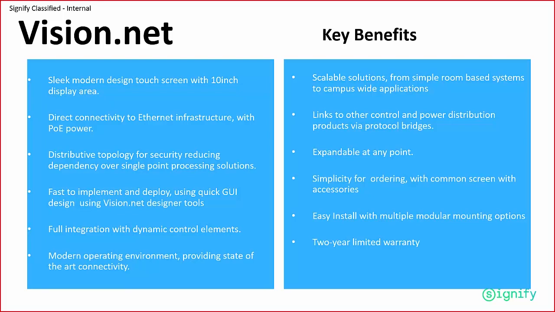It's a modern operating system, completely scalable from simple room-based to campus-wide applications. It links to other control and power distribution products via the protocol bridges. It's completely expandable at any point. There's simplicity for ordering with common screens and accessories, and it's easy to install with modular mounting options and a 2-year limited warranty.